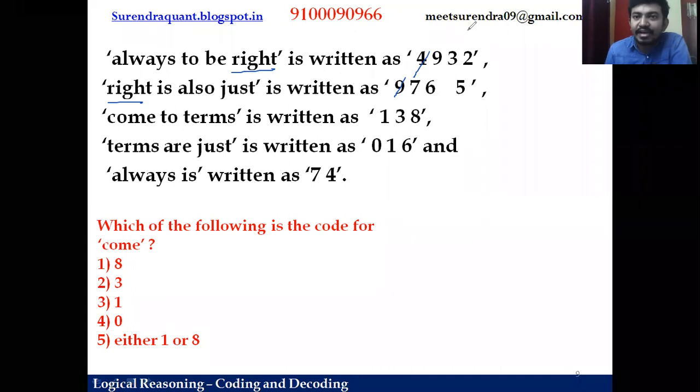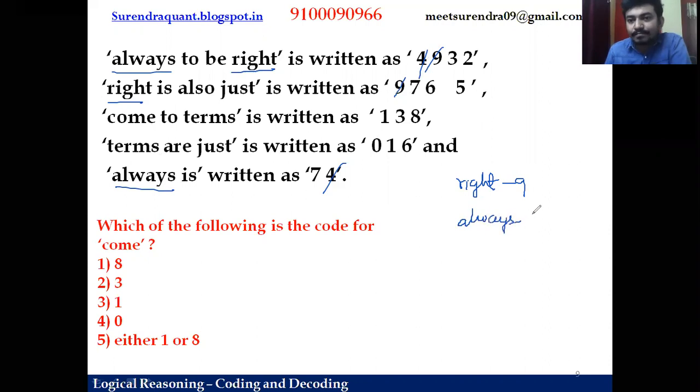So let us write 9. Okay, let's see always. You have always in the first one and the last one, right? And 4 is present here. So we can decode always as 4. Here only is left. Is 7, right? So is is 7 then. Okay.